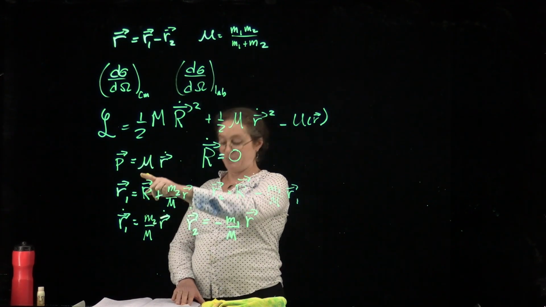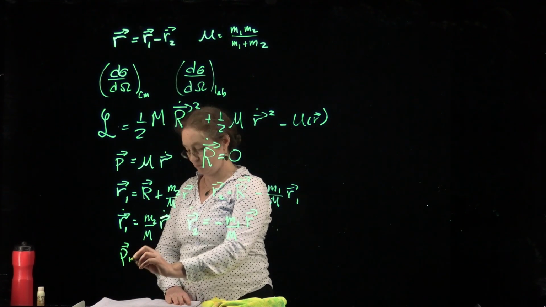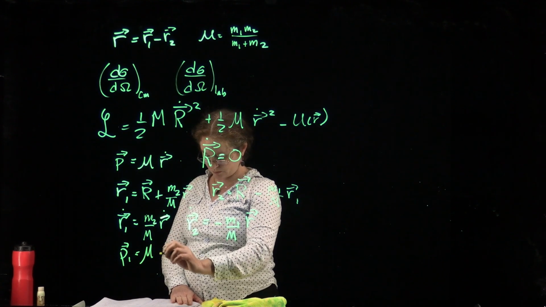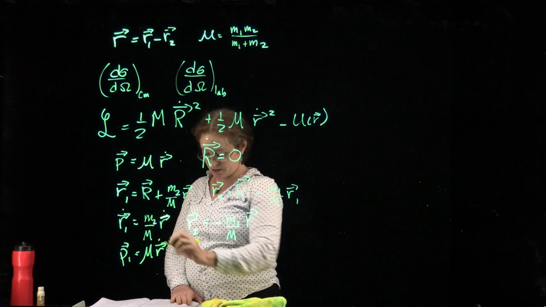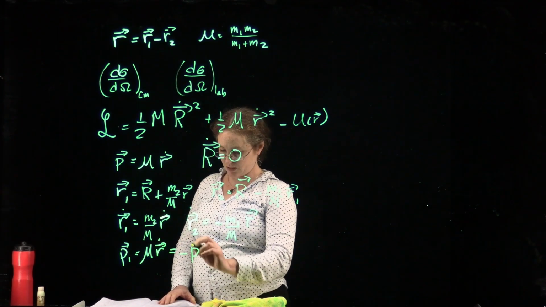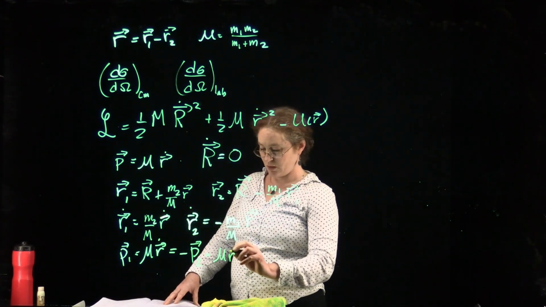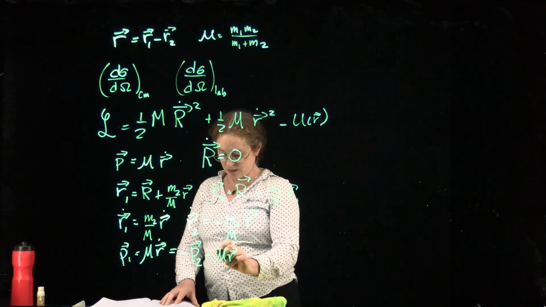So now P1 is equal to mu r dot, and that is equal to negative P2, which is equal to negative mu r dot.